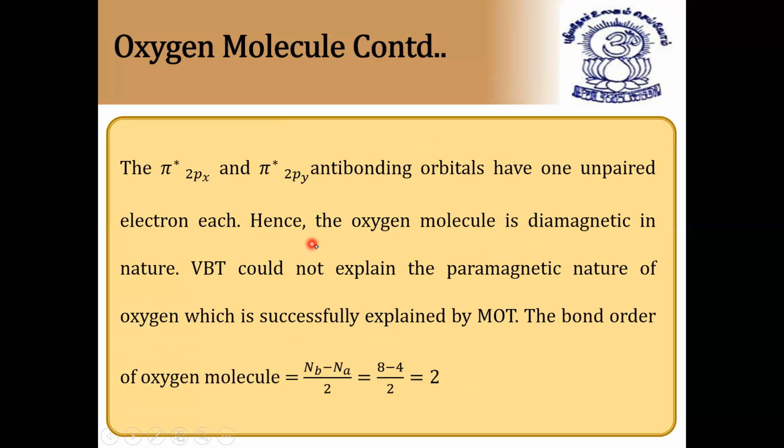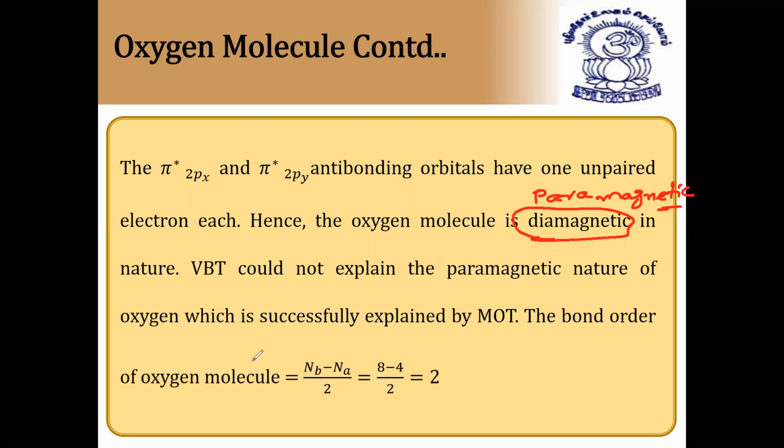Here it is printed wrong, let's change it. It is not diamagnetic because it has unpaired electrons. It is paramagnetic. So nitrogen is a diamagnetic molecule, but the oxygen molecule is paramagnetic.